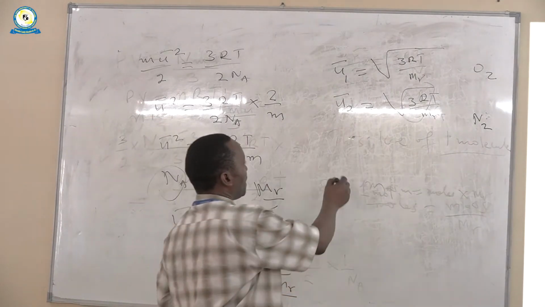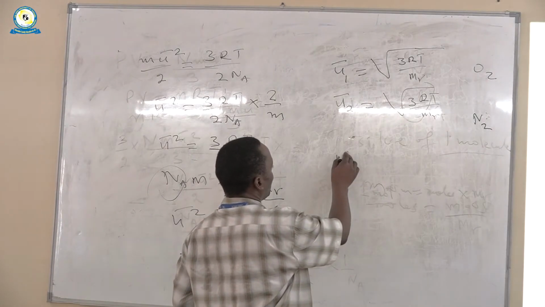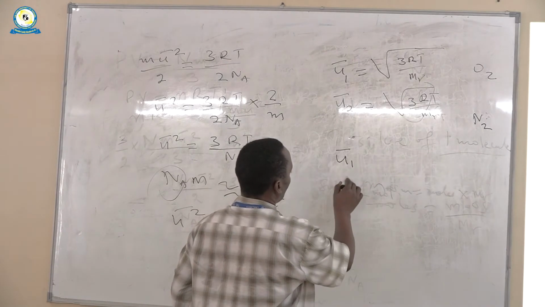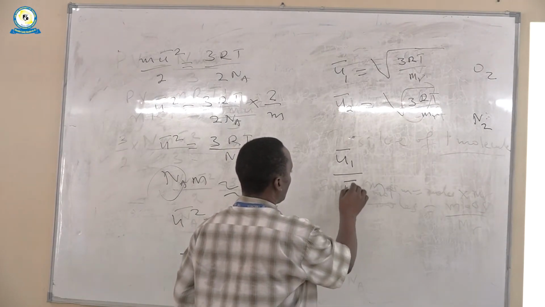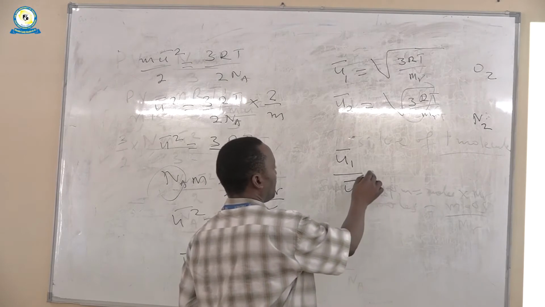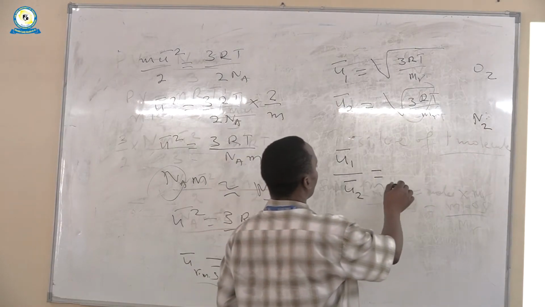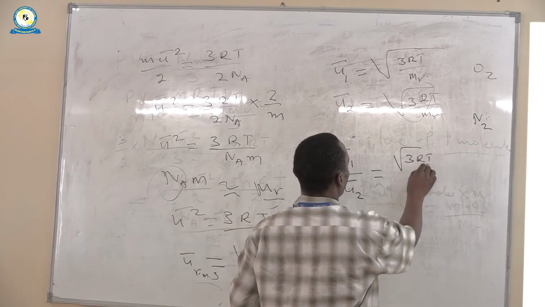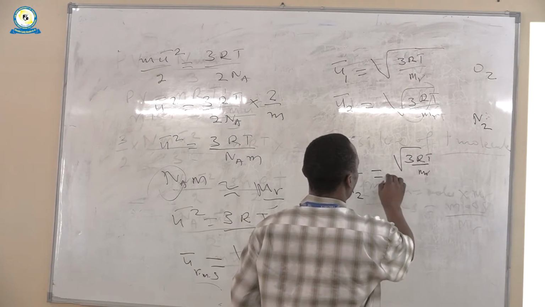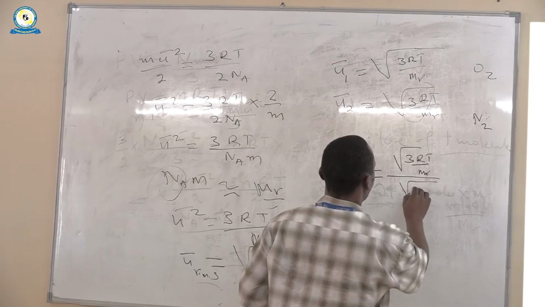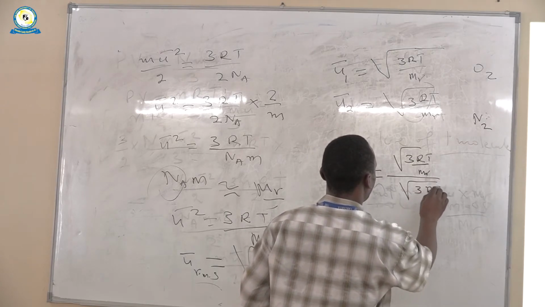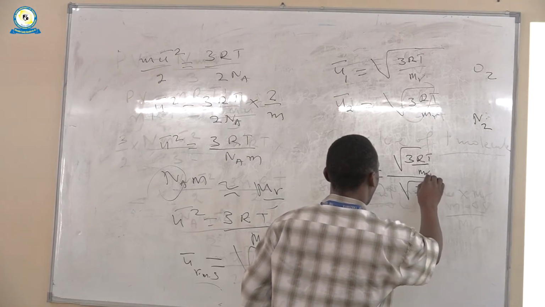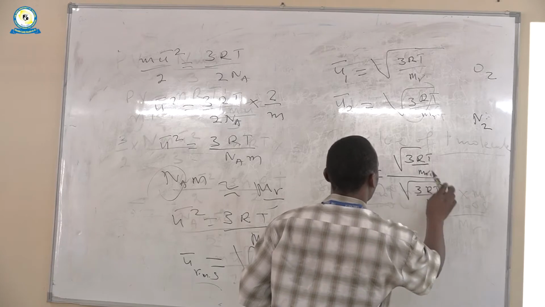So it is only a matter of having a simple calculation. You take that one, divide by this one. So it's the same as having 3RT divided by 3RT, this is for 1 and this is for 2.